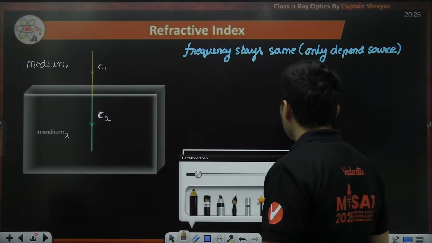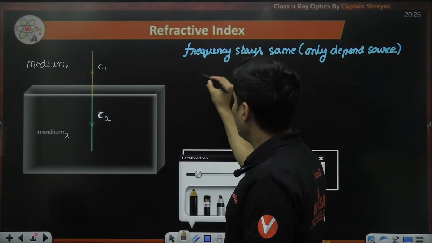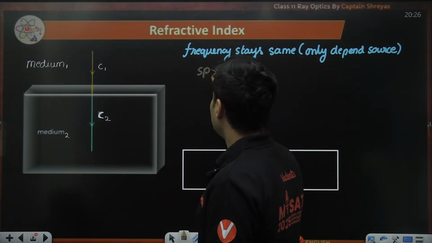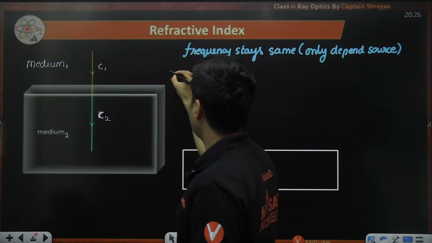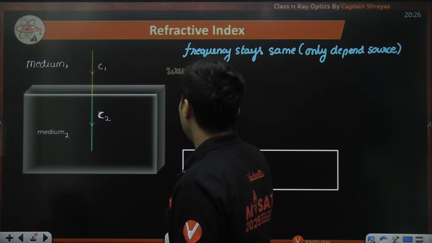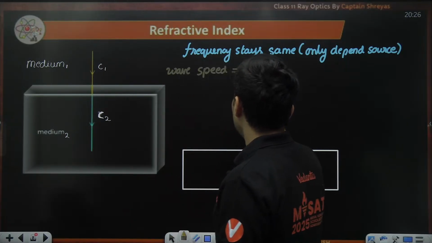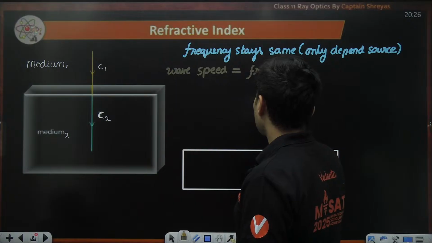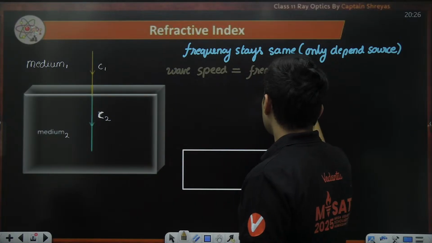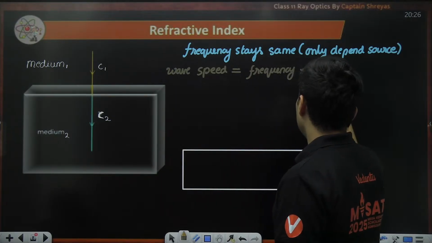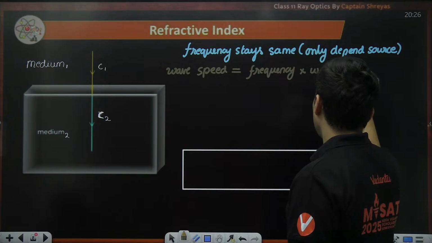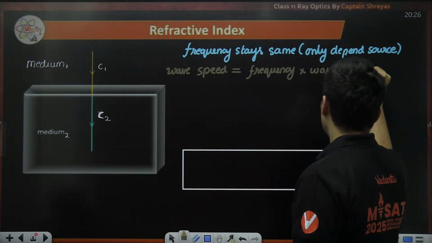Second important thing which you should be aware of is that the speed of a wave, which is also called the wave speed, is nothing but the frequency multiplied by the wavelength.